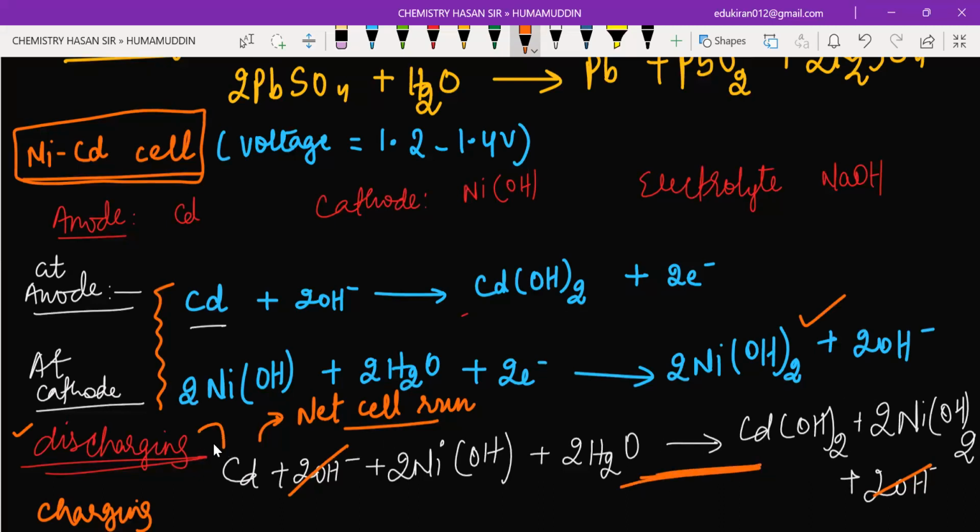That means this is discharging. If you are using your phone or laptop, it is discharging. So if you are going to put it on charging, the reaction will be reversed. So please do write the reaction for charging as well.